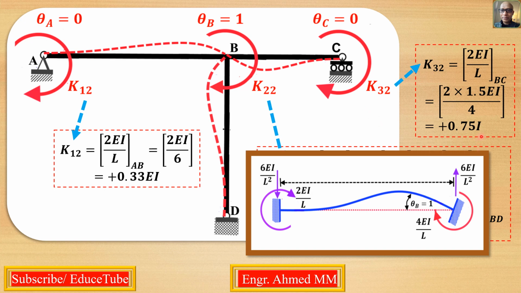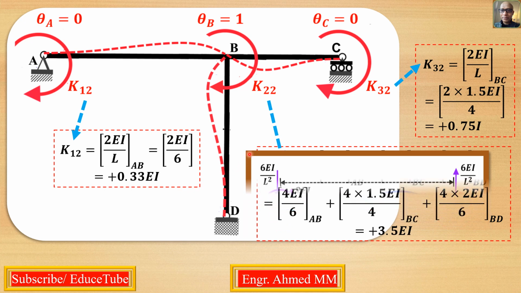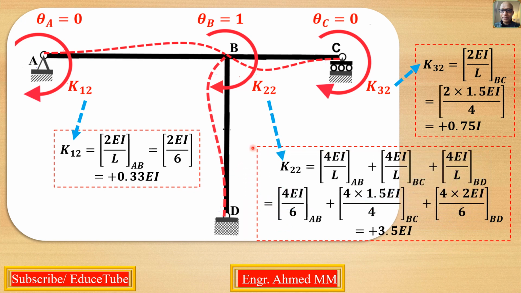It will be 0.75. Here actually I wrote I, it will be EI. I forgot to mention it, maybe when I typed it was a mistake. But consider 0.75 EI. So this K12, K22 and K32 will be the second column of the stiffness matrix.